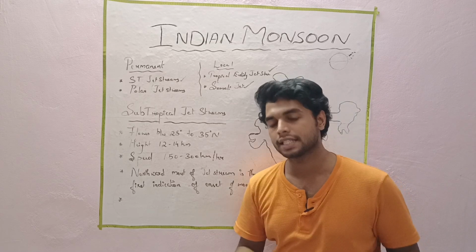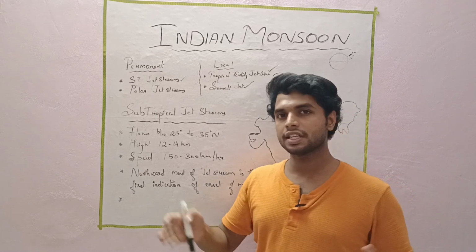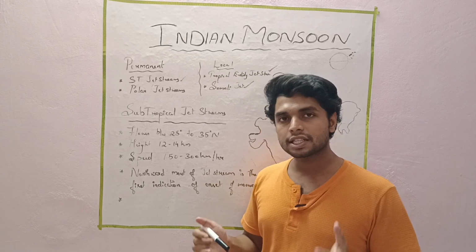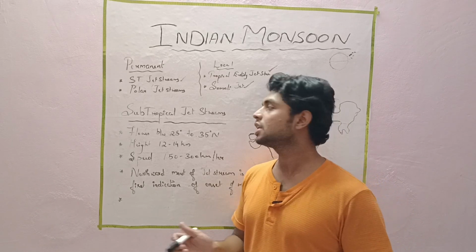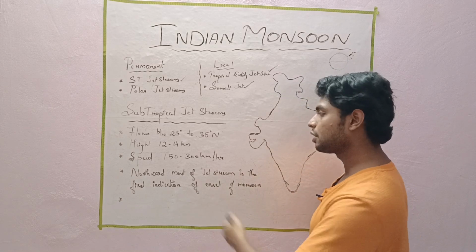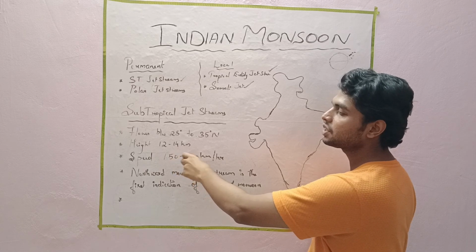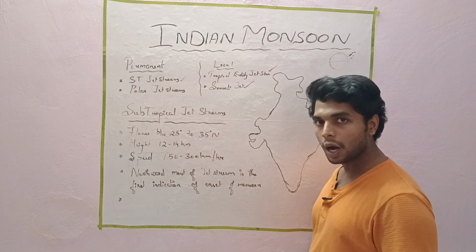Earlier I had said 6 to 15 kilometers; the flow of jet streams is usually from 6 to 15 kilometers or 8 to 15 kilometers, so it ranges. Their speed is like 150 to 300 kilometers per hour.